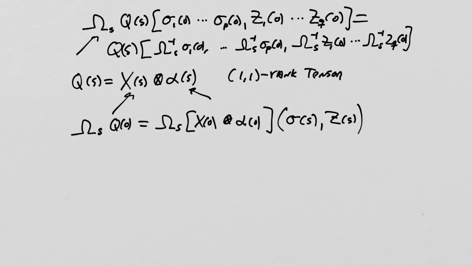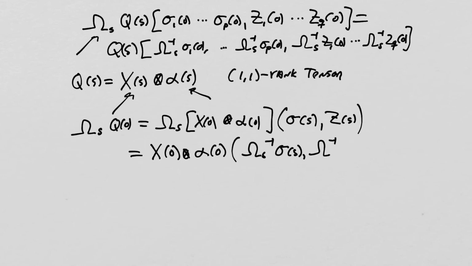So if we do this, according to our definition of parallel transport, that's going to be x0 tensor product alpha 0 acting on s inverse sigma s omega inverse z s, like this.